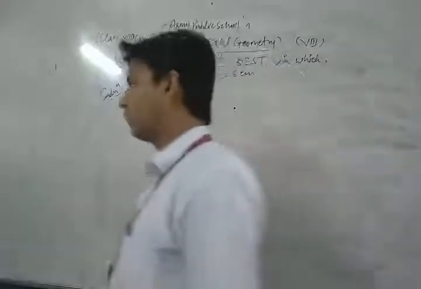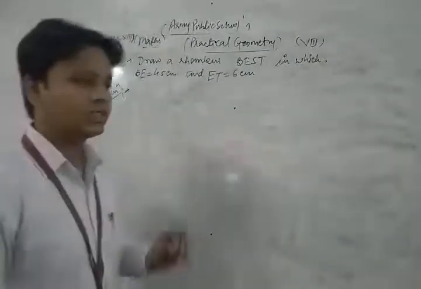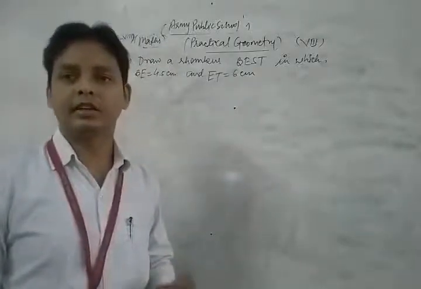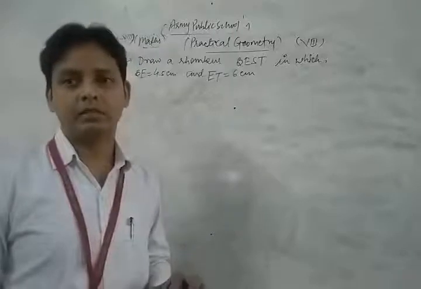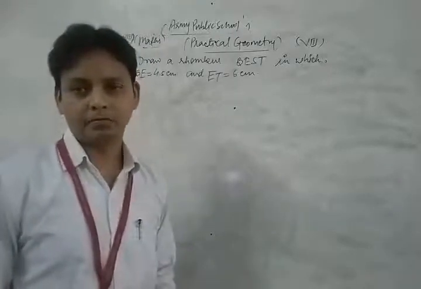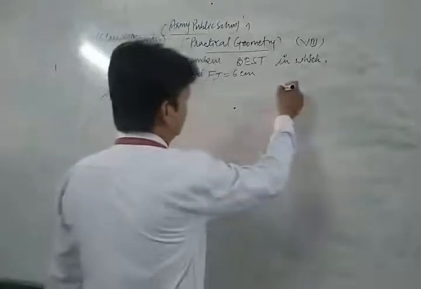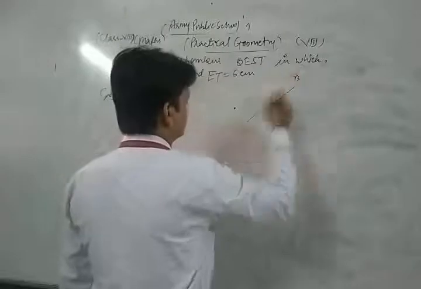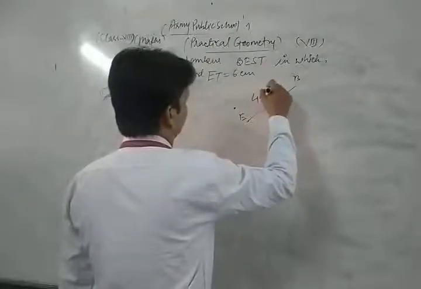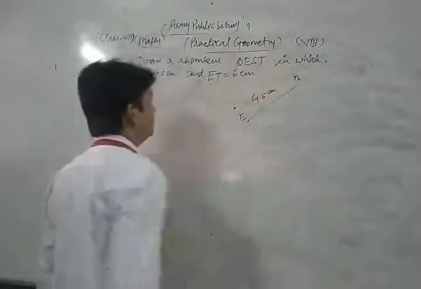Now what do I do for this question? First of all, you know the concept of rhombus. In a rhombus all of its sides are equal to each other. This is a very important property of rhombus. Let's see BEST. Suppose BE is 4.5 centimeter.